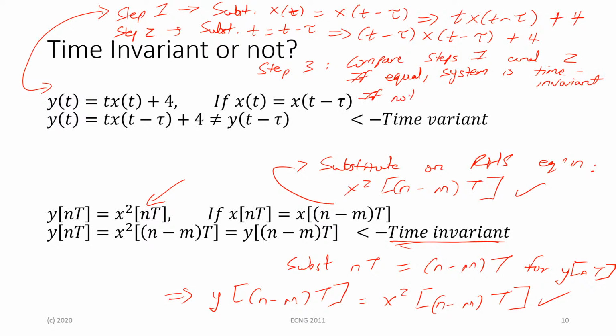If not, it is time variant. So those are the 3 steps that you'll be doing to prove whether a system is time invariant or not. Hopefully that helps with the explanation of how you actually do this.